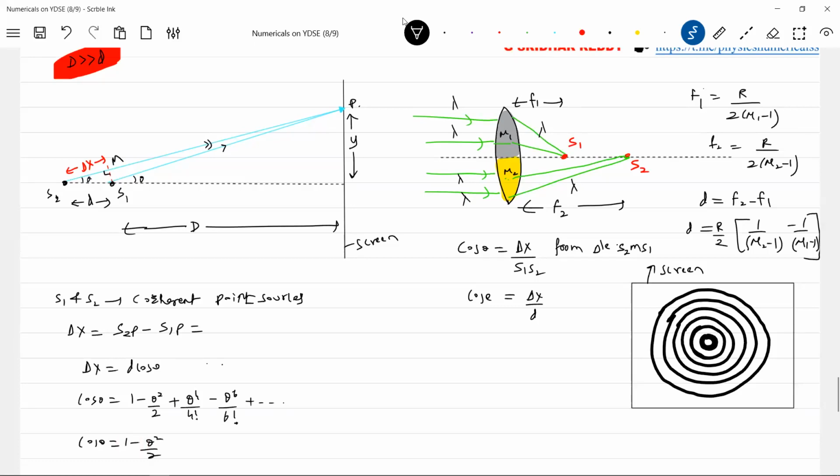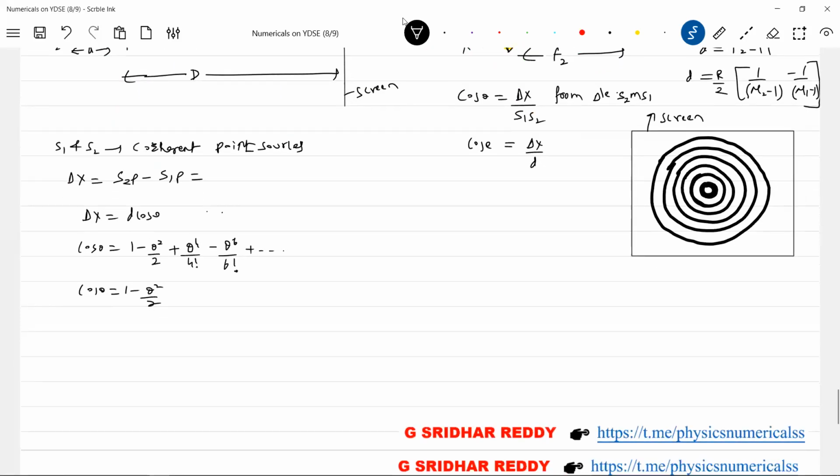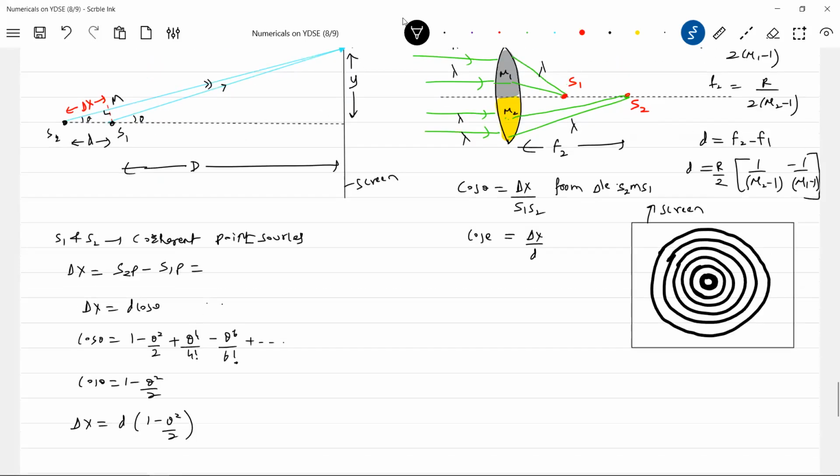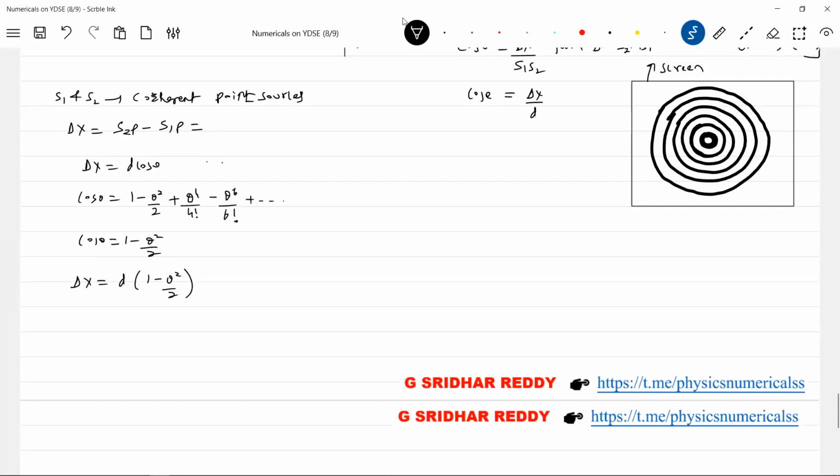So let me write delta x is equal to this. This will be a much easier approach. What is theta? We'll go for a small diagram.